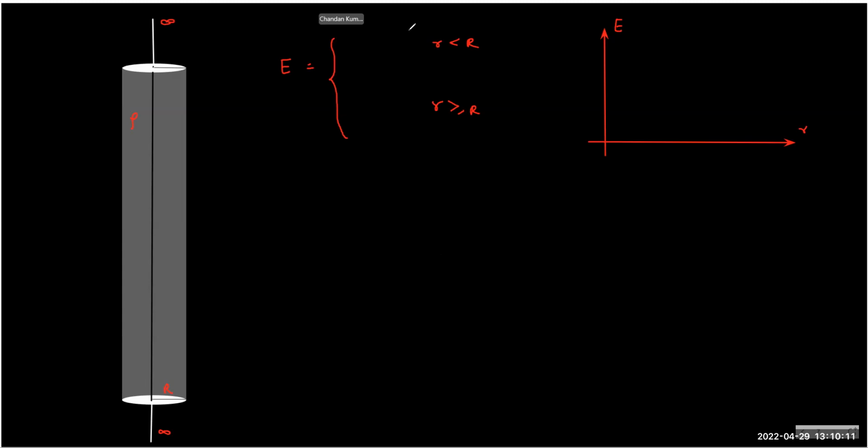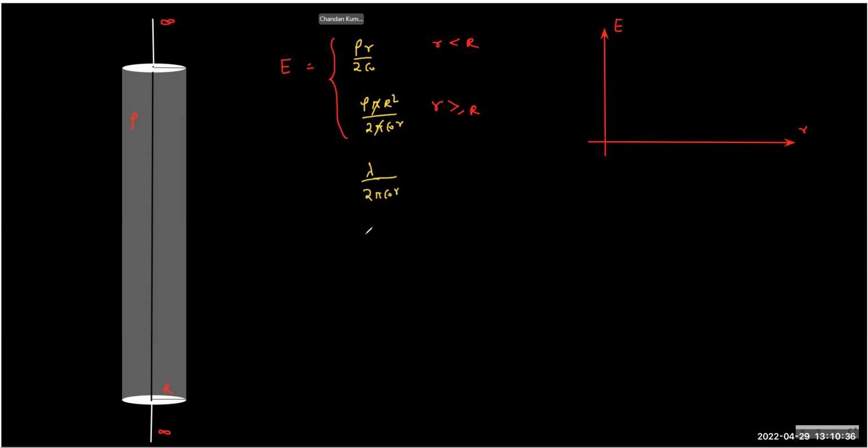This is rho r by 2 epsilon naught. This is what you got, right? Yes, sir. And for outside, what are you getting? Rho R square by 2 epsilon naught into 1 by r. Are you getting this answer? Yes, sir. So this answer is similar to lambda by 2 pi epsilon naught r.